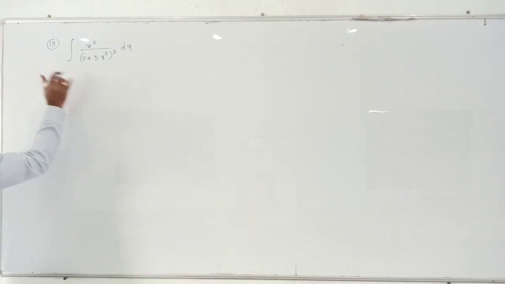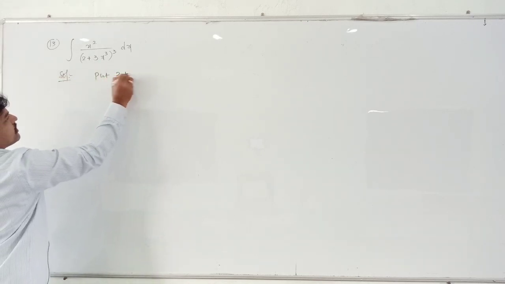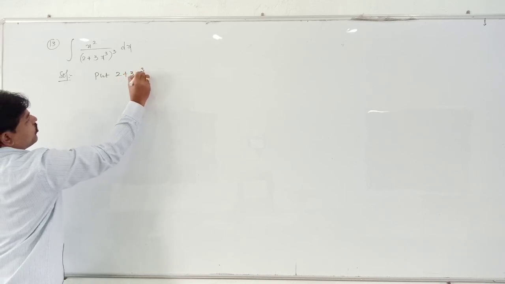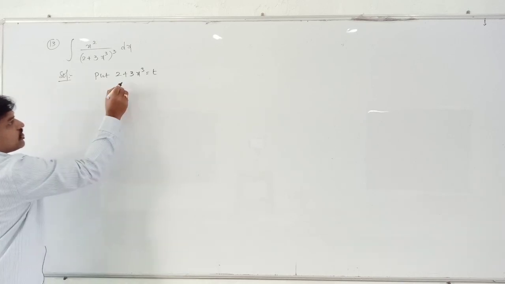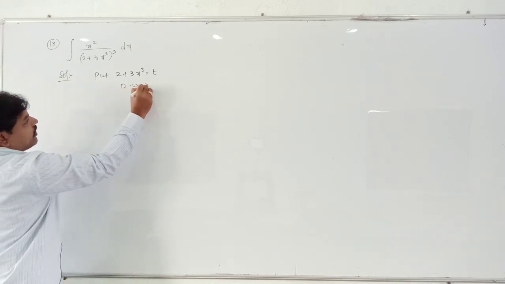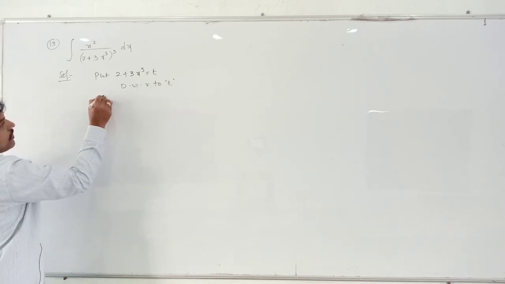First, we will put 2 plus 3x cube is equal to t. Take this term as t, so differentiate. What happens?